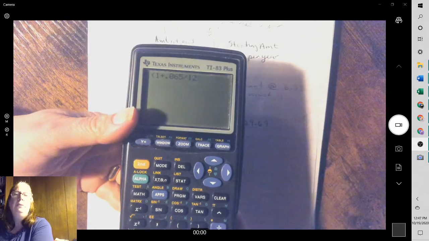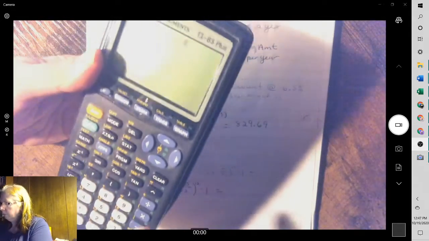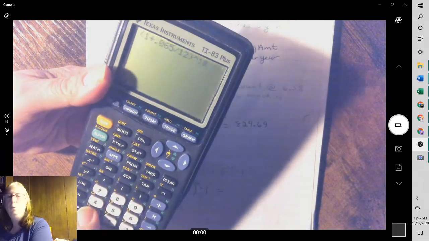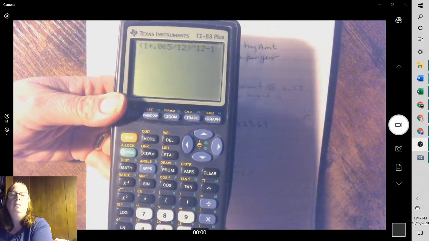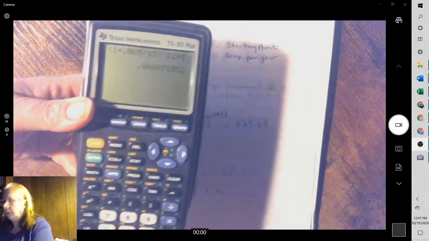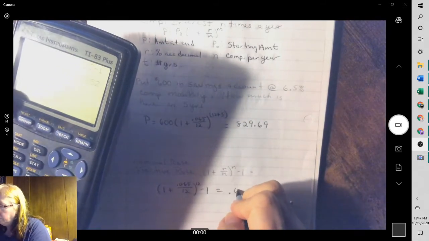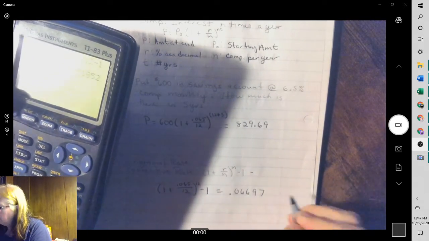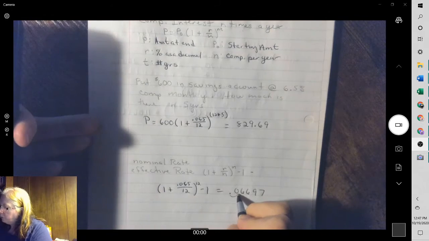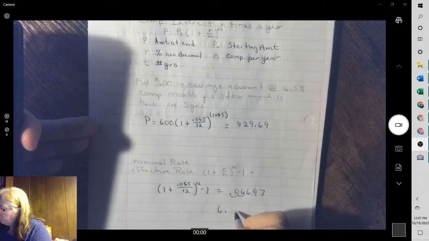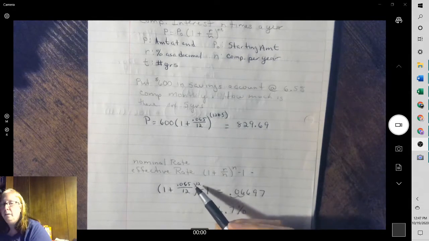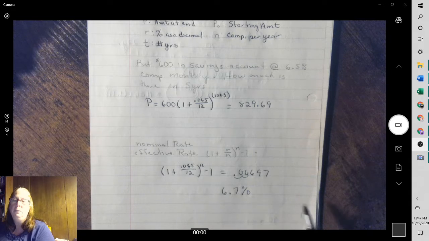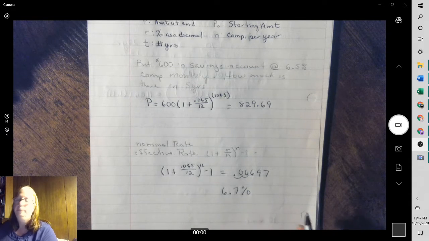So 0.065 divided by 12, to the 12th, minus 1. We get 0.06697. Now we need to make it a percent. So 6.7%. So 6.5% compounded monthly is approximately 6.7% per year.